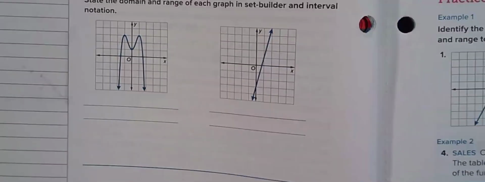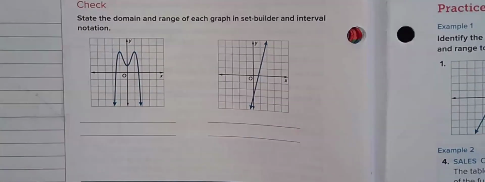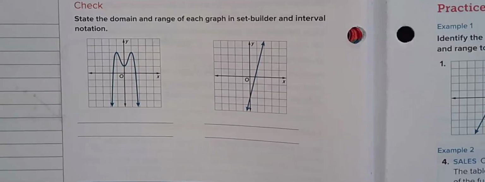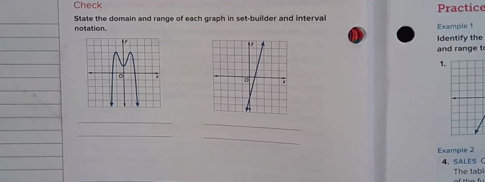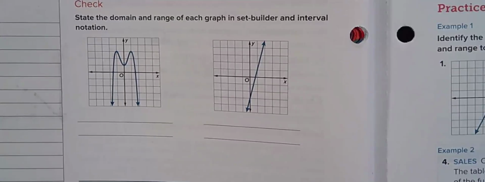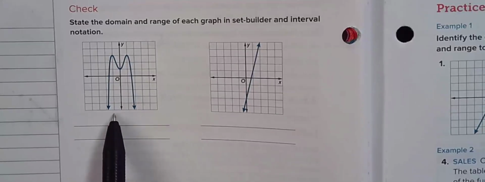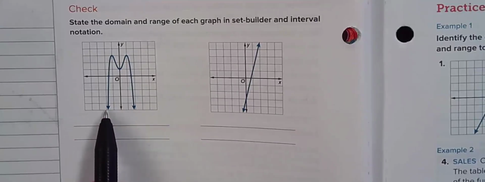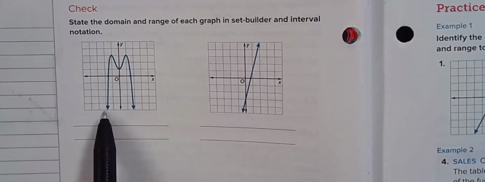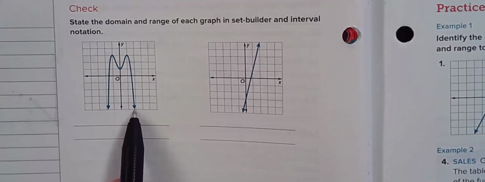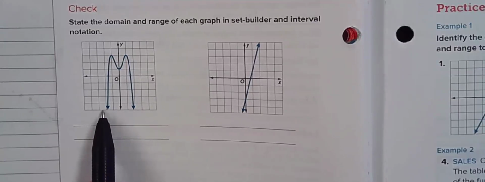Let's talk about set builder notation for this first graph. What's the domain? Let's just go ahead and say it using algebraic notation first. What would the domain of this be? What are our possible x values here? Everything, yeah, all real numbers.